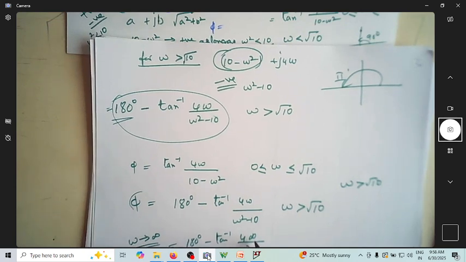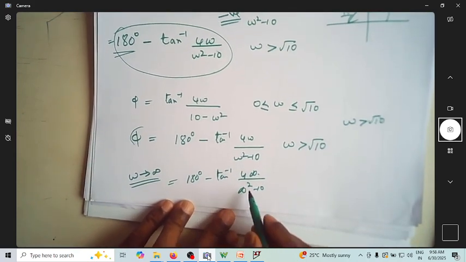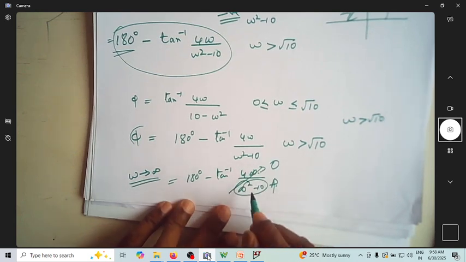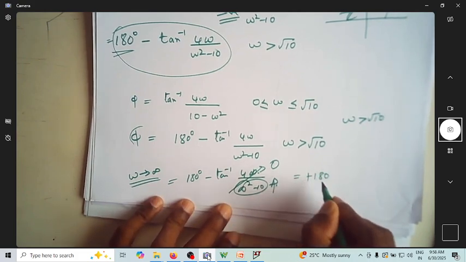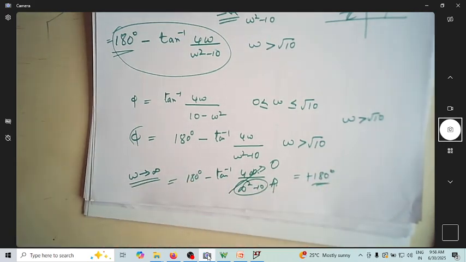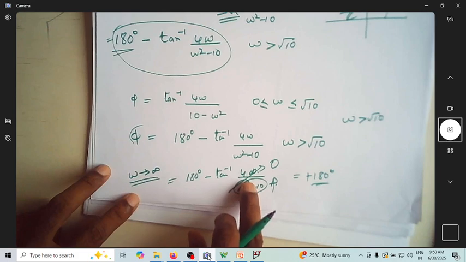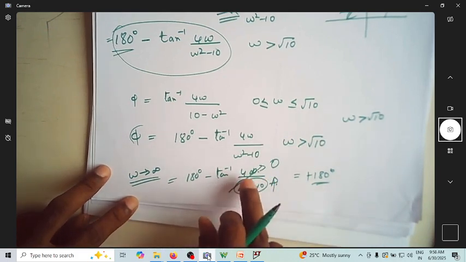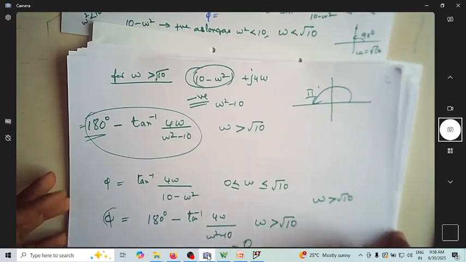Since the denominator is moving faster, this entire value tends to 0, and tan inverse of 0 is 0. So you have only 180 degree.